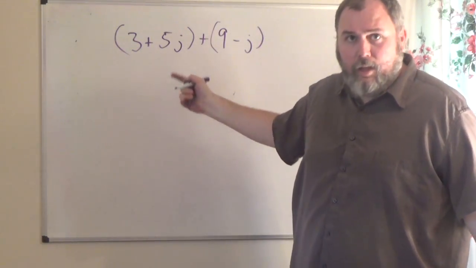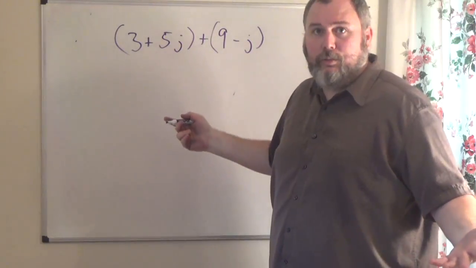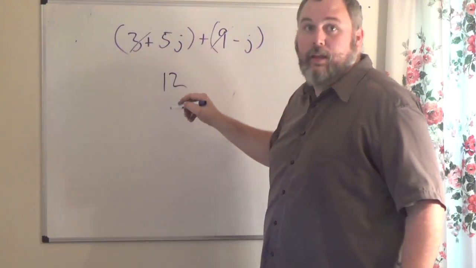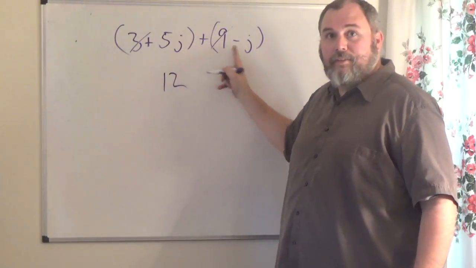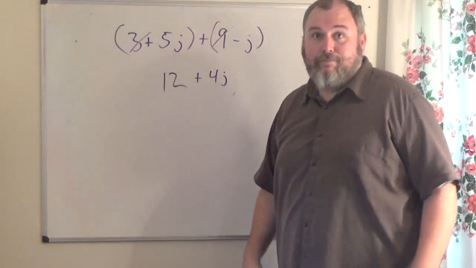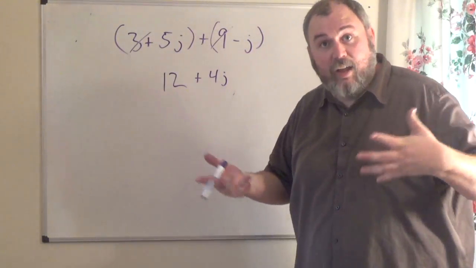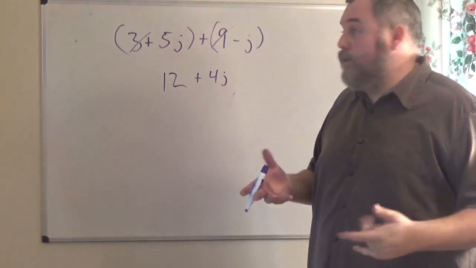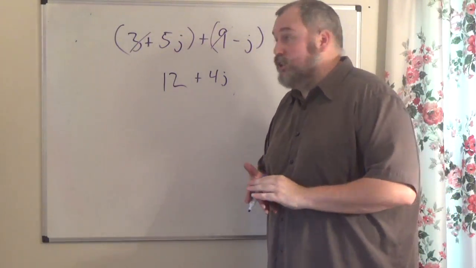That's all I really mean. 3 plus 9 gives you 12. So I've combined that term and that term. 5j plus a negative j gives me 4j. I'm done. See how I just treated it like a normal variable? I just combined my like terms. So this is only good when I'm adding and subtracting.